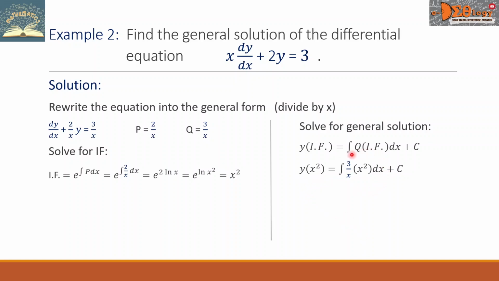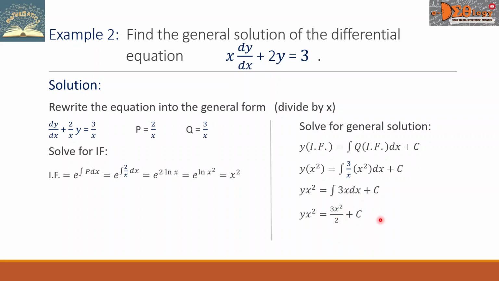Whereas in the integral here, we can see some simplifications. We can cancel this x squared with the x in the denominator. So the integrand here becomes 3x. So it means we will simplify the integral of 3x dx. And it becomes 3x squared over 2.